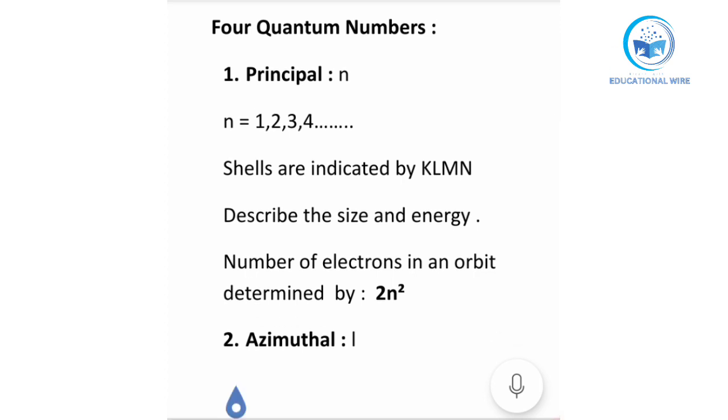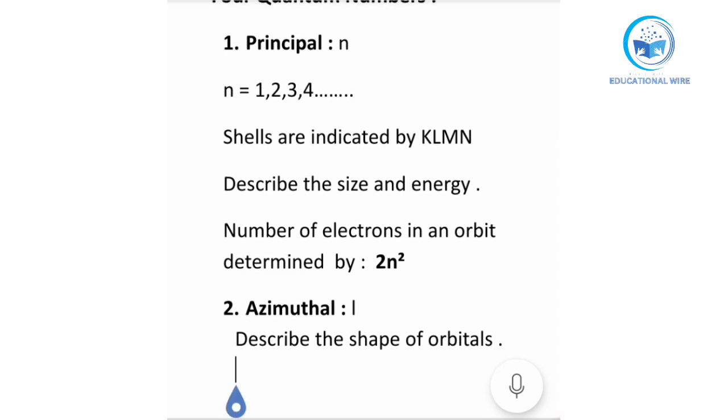It describes the shape of orbitals, which shape it contains.